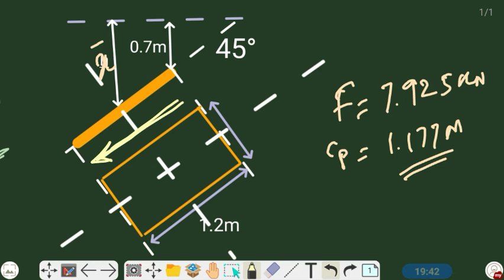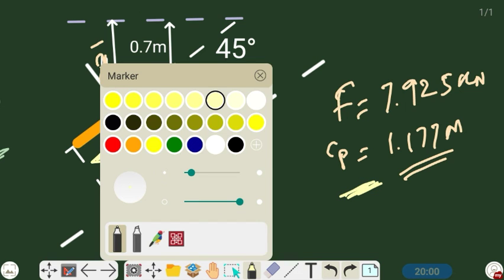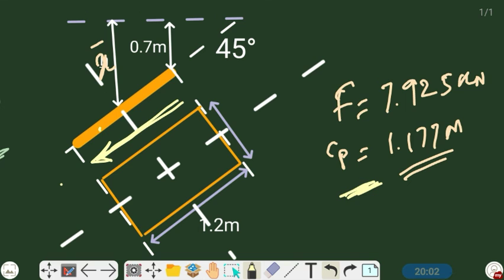So definitely the center of pressure will be shifted towards the magnitude of more force, so it will shift towards the downward direction of center of gravity. So I am showing center of pressure somewhere here. I think you have got the logic why I have shown center of pressure somewhere here.